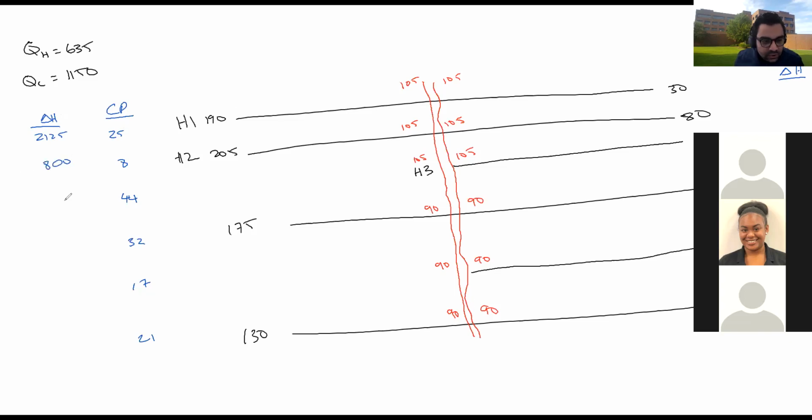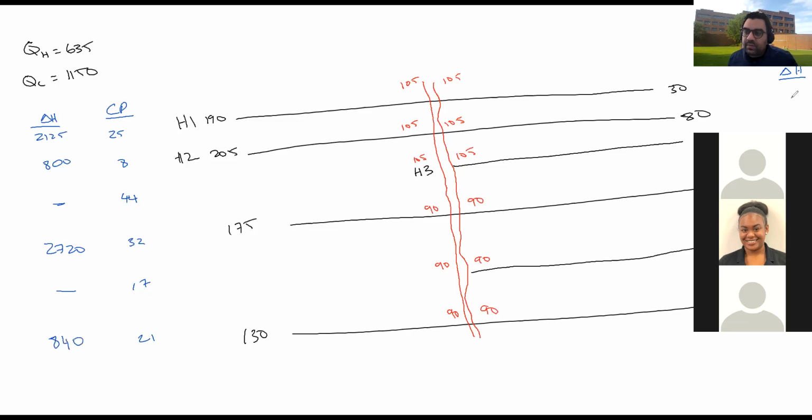For H3, there's nothing. For C1, it's 175 minus 90 multiplied by 32. So I have 2720. For C2, it doesn't exist above the pinch. And then finally for C3, 130 minus 90 multiplied by 21. So the amount of heat available here is 840.